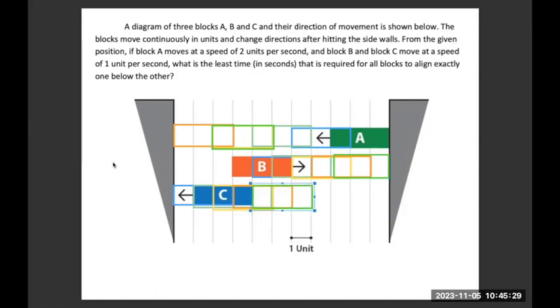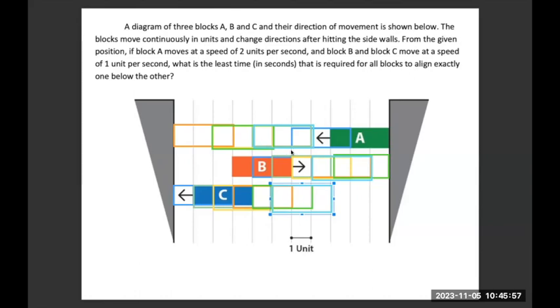I'm changing the color again. This is 5 seconds, and now this will be the 6th second. The cyan color block which you are seeing will be the 6th second. I hope it's visible. I'll use a darker color now.